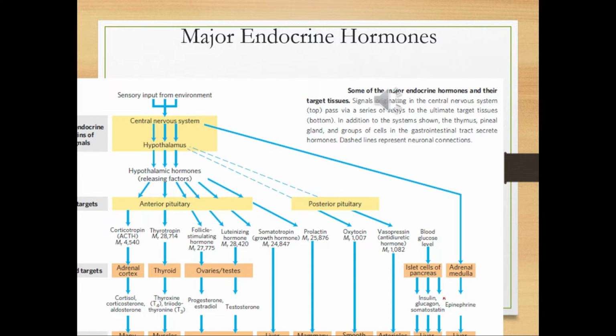For the adrenal medulla, the central nervous system has direct access to this gland and activates it to release epinephrine, which will act on liver and muscles of the heart. Epinephrine and norepinephrine, as we already know, are released in case of stress and act with the help of glucagon to lower the blood glucose level.